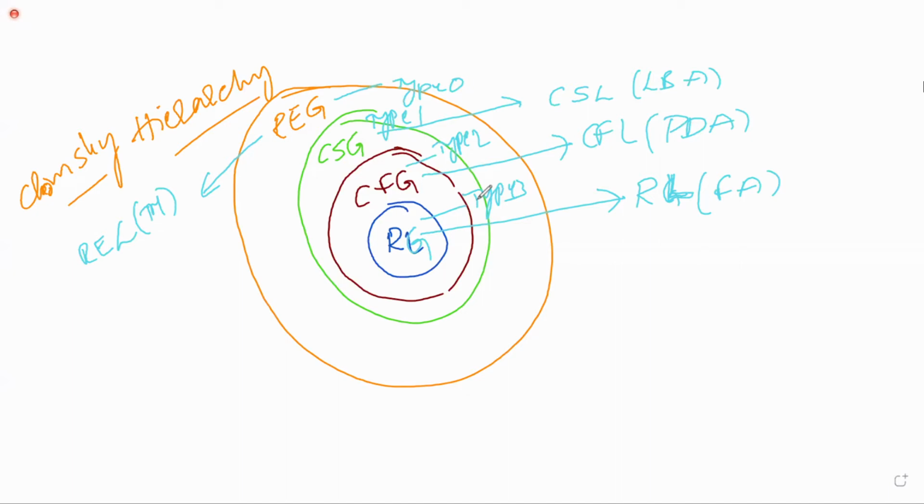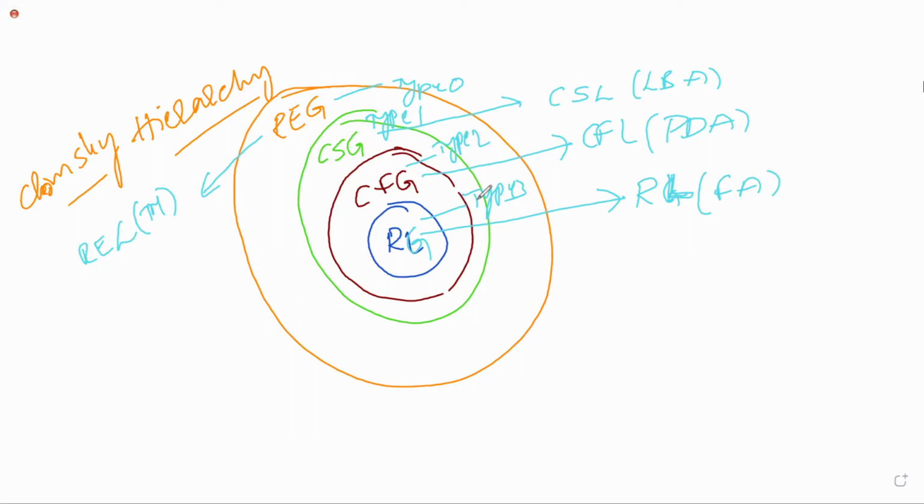If they ask to explain type 2 grammar, then you explain context-free grammar. They may ask to explain the machine which accepts type 3 grammar. Type 3 means regular grammar, and the machine accepted by regular grammar is finite automata, so you have to explain the finite automata. Am I clear with this Chomsky hierarchy?